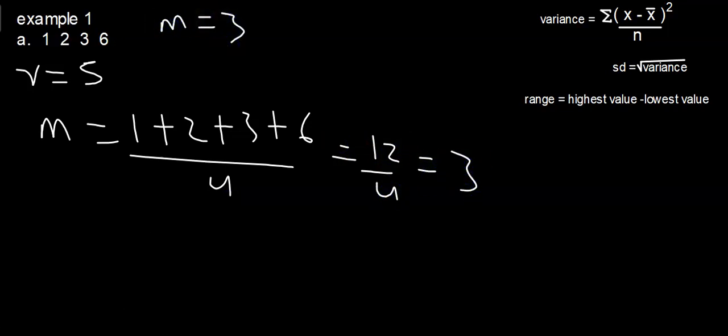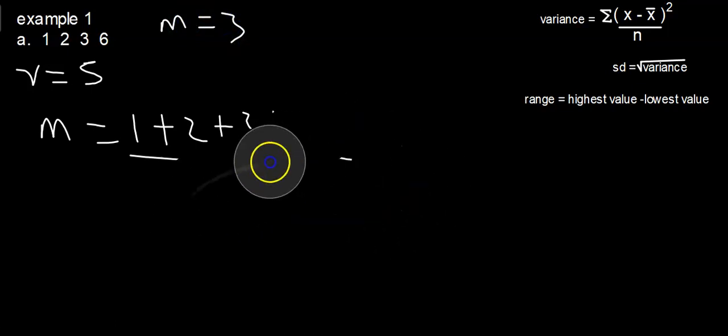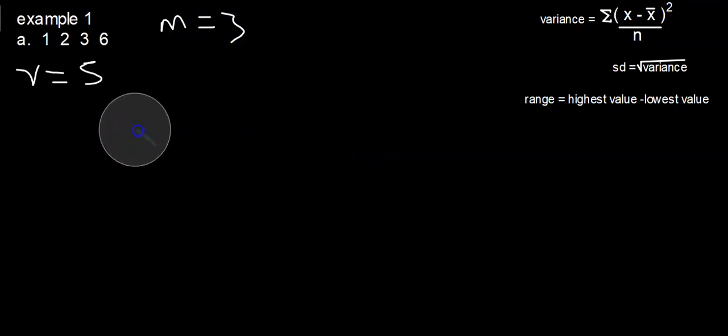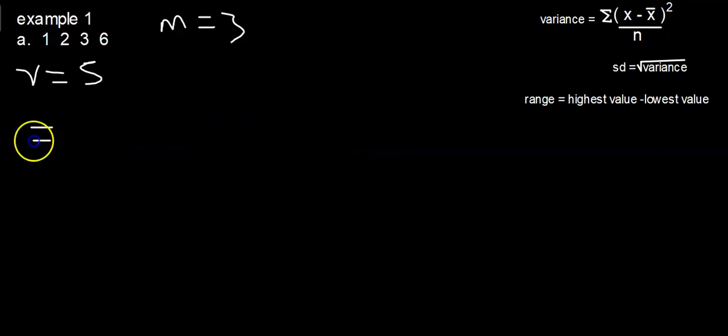Once you get the mean, it is so easy to get the variance and also the standard deviation. For this one, I'm going to use the first formula. This is my x value: 1 minus the mean, which is 3, squared.